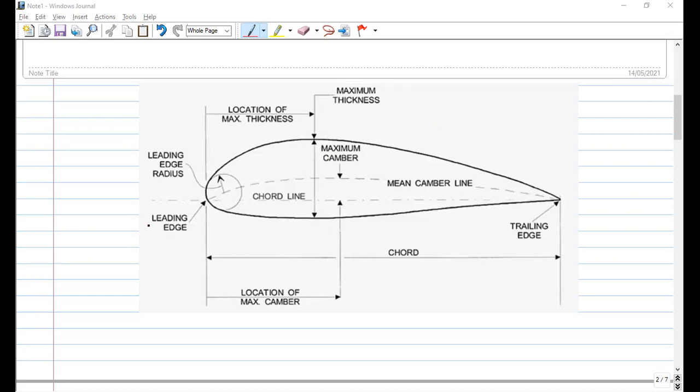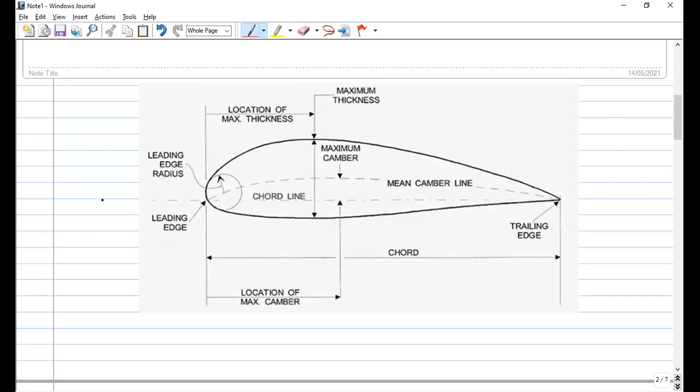Una, we have the leading edge. So yung leading edge ng airfoil, okay, this is the leading edge. The leading edge of the airfoil, siya yung nasa unahan, no? Siya yung unang tumatama sa hangin.